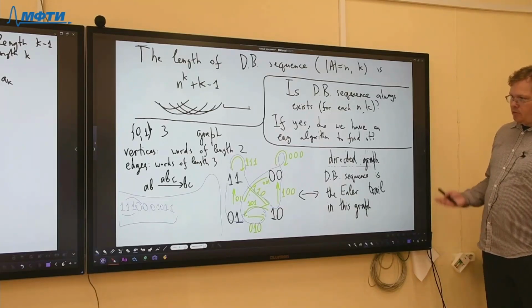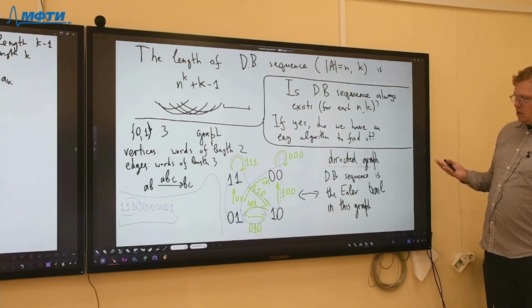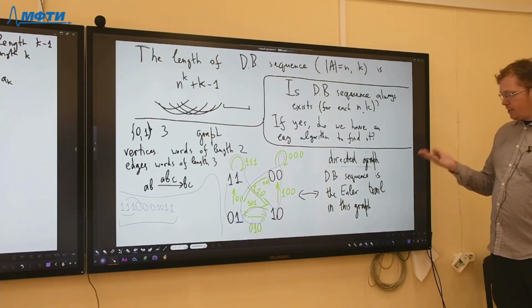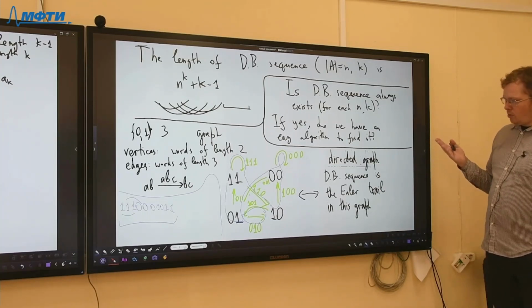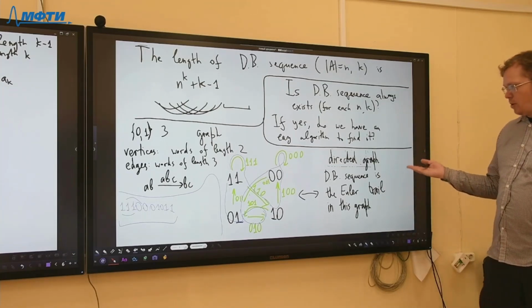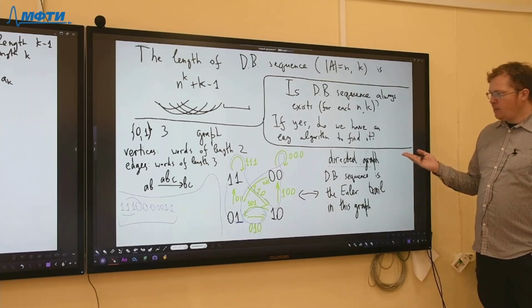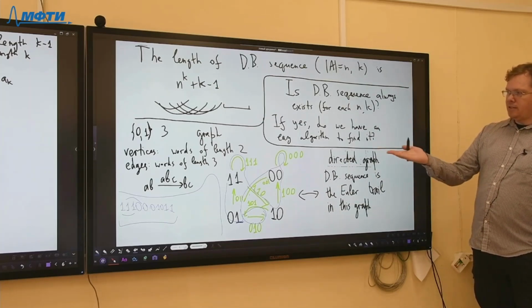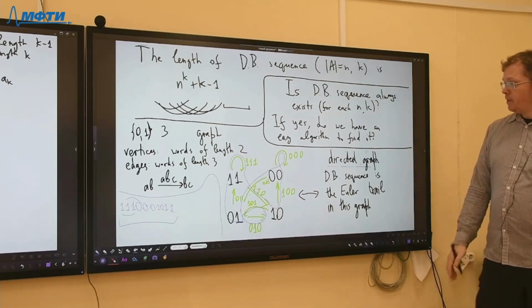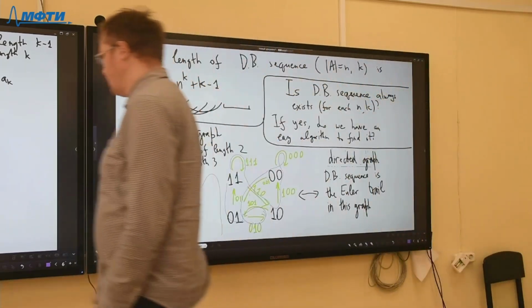So if you want to prove that this is always a de Bruijn sequence, we need to prove the version of our theorems for directed graphs, and then just check that this graph has the same properties as in the theorem.